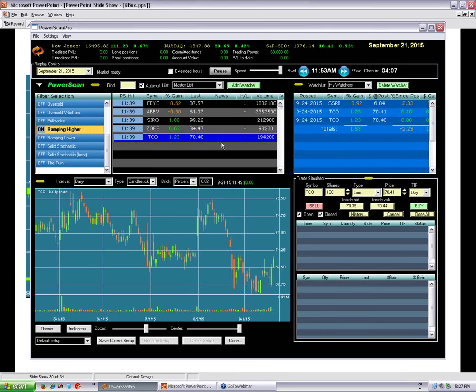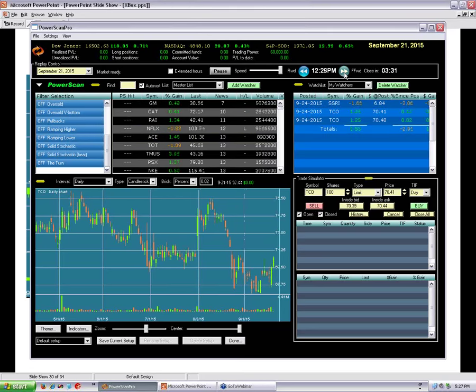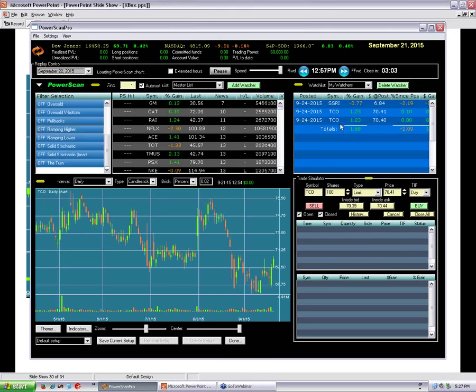Now, a really fast way to see how you're doing is 2 ways. One is you can go fast forward, which we'll do here. Look at that thing gain. Isn't that beautiful? Well, it's not that much yet, but it's showing us the gain on those two, and they're both green. But one way to really see how you did is to go to the next day, because it'll stay on your watch list.